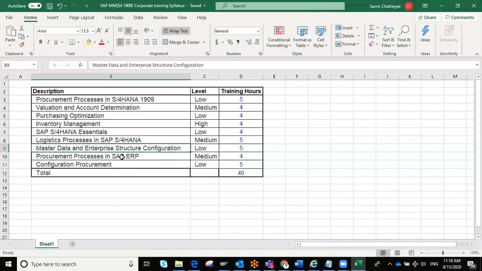Next are the procurement processes, which involve different procurement processes like direct and indirect materials procurement. Direct material procurement involves the main materials, the main products which are mainly defined for the customer's profit, for which the customer is providing the business transactions.